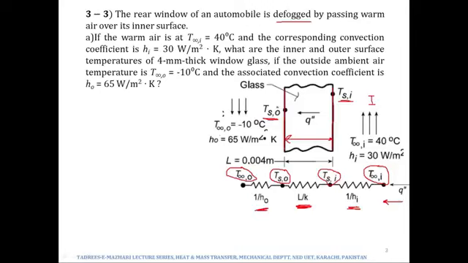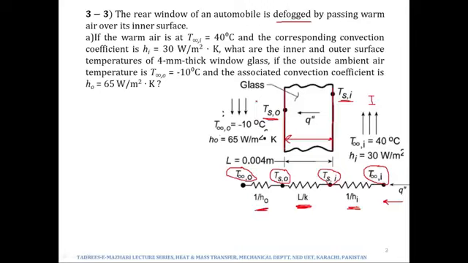If we can somehow find out Q, we can then apply the expressions of convection to find out the required temperatures. Now the thing is, how do we find out Q? First of all, we cannot find out Q using inside convection alone, or conduction alone, or outside convection alone.